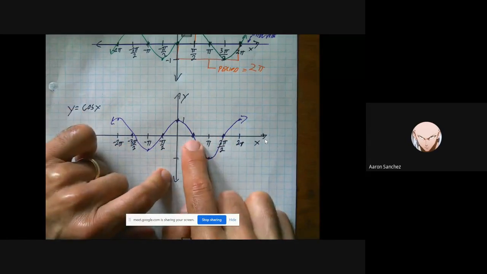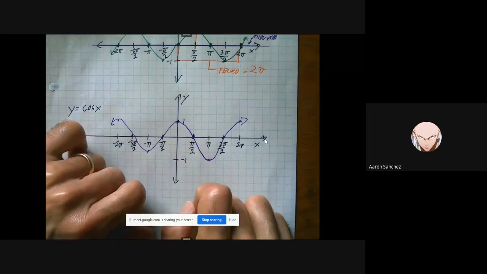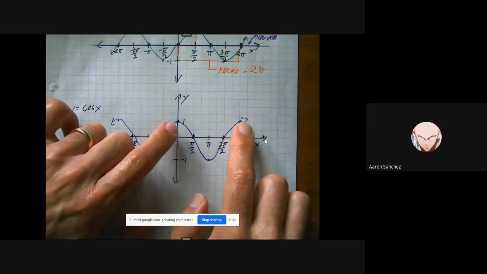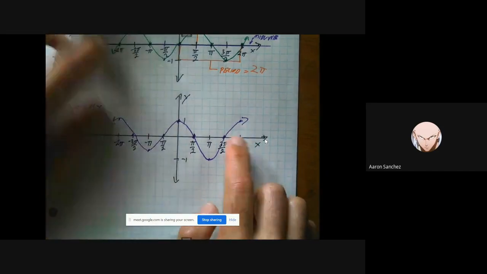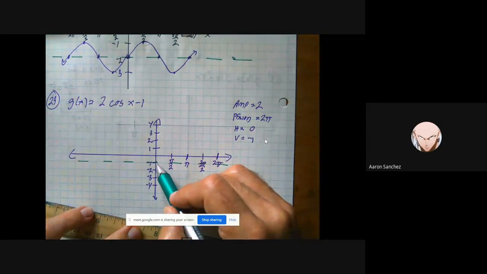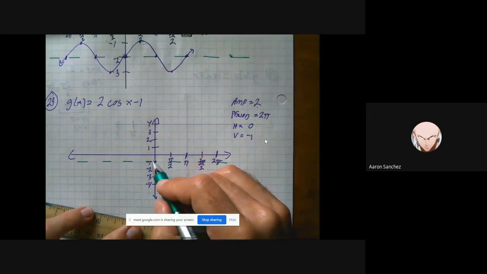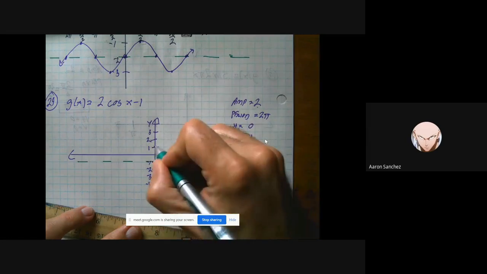Let's see. How do I describe this? No, let's do the first and last. First and last are at 1. So instead of them being at 1, here's my midline. My first and last are going to be 2 above it because of my amplitude. So I go up 1, 2. Here's my first point.